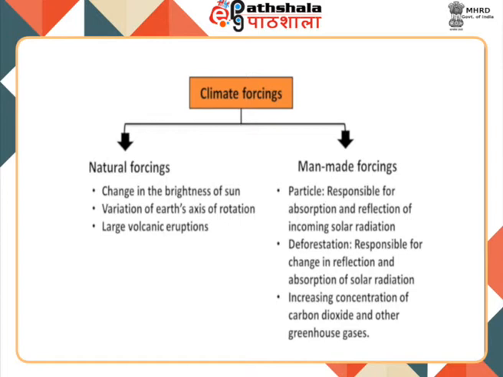Natural climate forcings are changes in the brightness of the sun, variation of the Earth's axis of rotation, and large volcanic eruptions. On the other hand, man made forcings include particles responsible for absorption and reflection of incoming solar radiation, deforestation, responsible for change in reflection and absorption of solar radiation, and increasing concentration of carbon dioxide and other greenhouse gases.